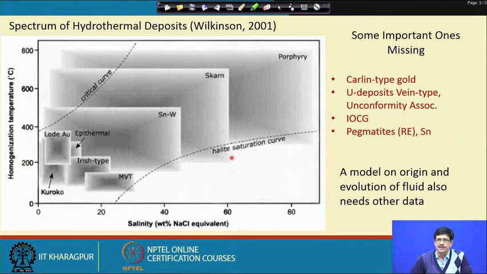So this whole process we have to demonstrate through some selected case studies, and while doing so it is also important to note that the model on origin and evolution of ore fluid in any deposit is definitely not solely based on the fluid inclusion data.